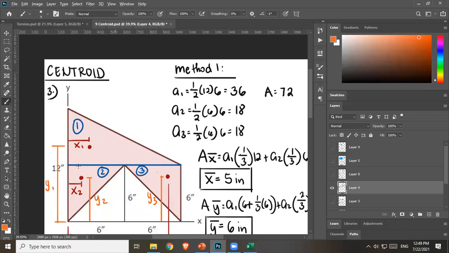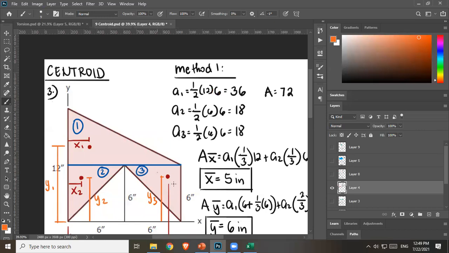That's 1/2 base times height. This is the base, which is 6 plus 6, so that's 12. So 1/2 times 12 times this height. This total height is given to be 12. The height up to this line is 6, so the remaining height is 12 minus 6, so that's 6. So 1/2 times 12 times 6, you get 36.